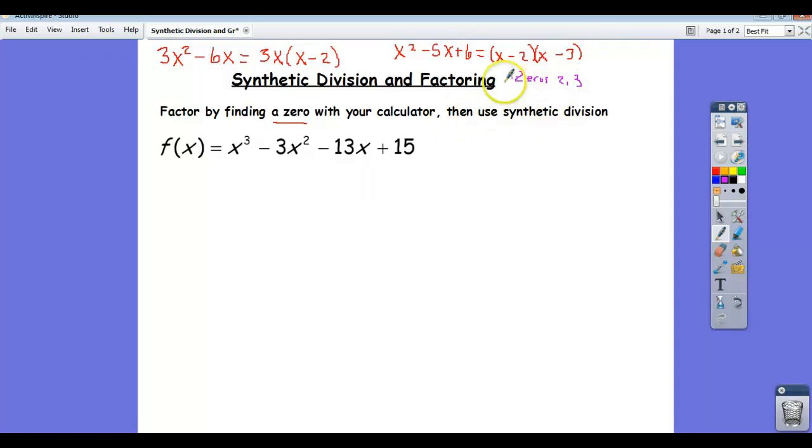We can use that reasoning in the reverse too, because if I find one of the zeros of this polynomial, then I know one of the factors. Right? For instance, if I put this in the calculator, if I didn't know how to factor, and I found that 2 was a 0, I'd go, okay, x minus 2 is a factor, and I'd write down x minus 2 times, and then I'd have to go figure out what the other factor was. So we're going to do that now.